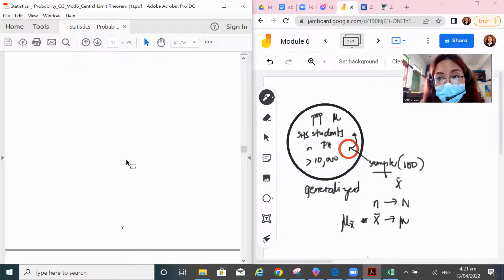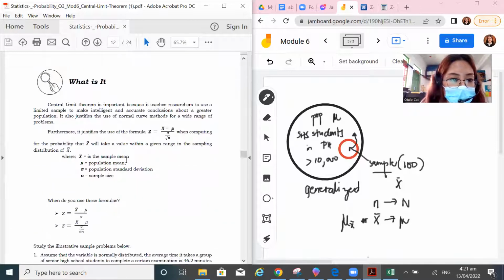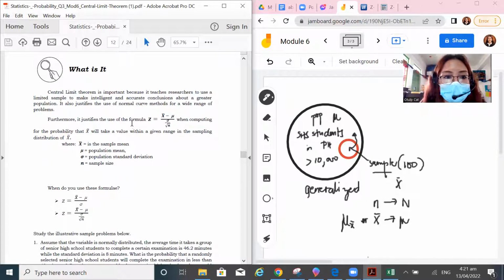Let's continue and look at the next formula, which is the z-score. The z-score is actually very important. I don't know if some of you have heard of it, but it appeared in previous modules. With this z-score, you are given the sample mean, the population mean, the standard deviation, and the sample size in one of the formulas.